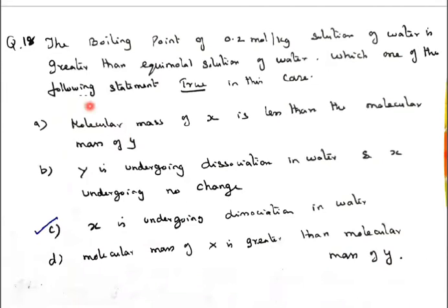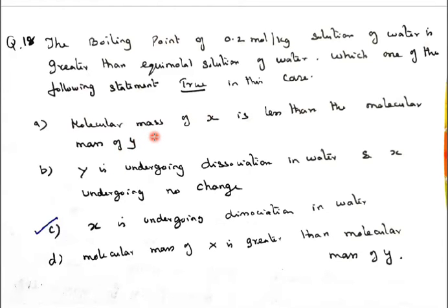Come to the next question. The boiling point of a 0.2 mole per kg solution of X in water is greater than that of an equimolar solution of Y in water. Which one of the following statements is true in this case? Molecular mass of X is less than the molecular mass of Y: we cannot say whether this is correct or not.